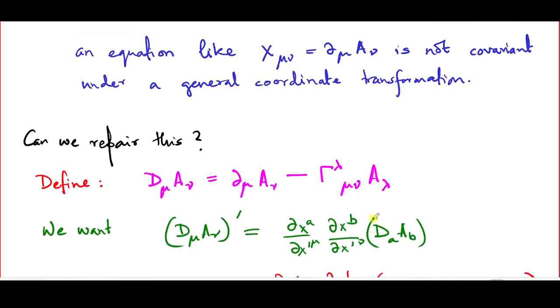That is, we want D mu nu prime in the new coordinate system to actually be del x prime mu by del x of xa times del x prime nu by del x of xb times D A ab. So this is the transformation rule for a 0 2 tensor which we want to ensure.